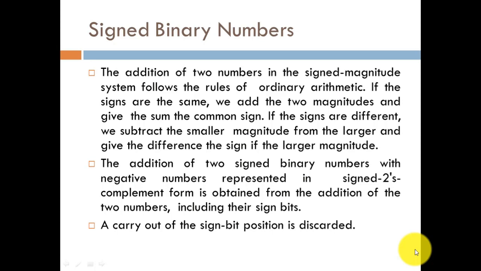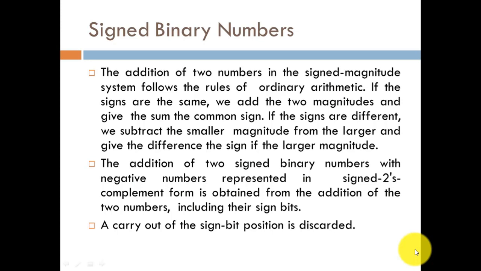The addition of two signed binary numbers with negative numbers represented in sign 2's complement form is obtained from the addition of the two numbers including their sign bits. This is how we do the addition of two signed binary numbers when they are represented in sign 2's complement form, that is, as negative numbers.